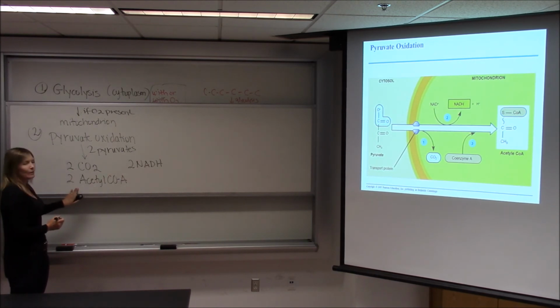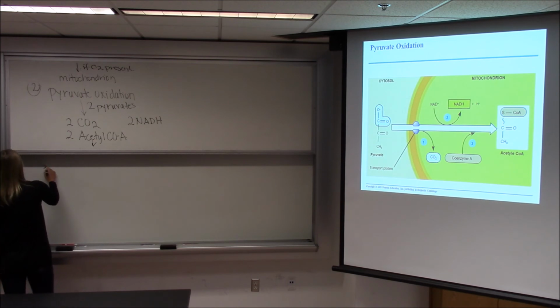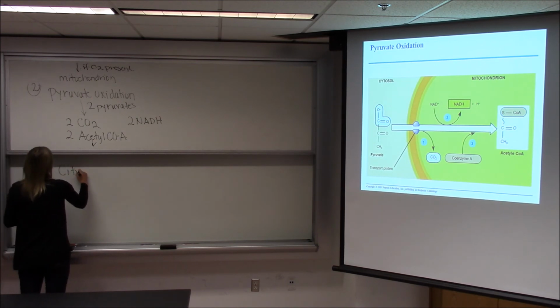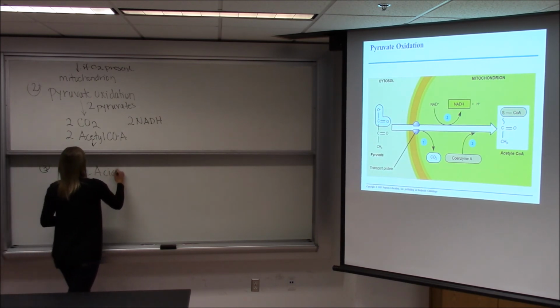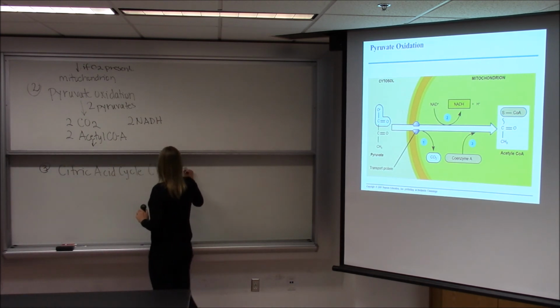Now this acetyl-CoA can enter the next stage. The next stage of cell respiration is called the citric acid cycle. It's also called the Krebs cycle. Krebs is the guy who discovered this process.